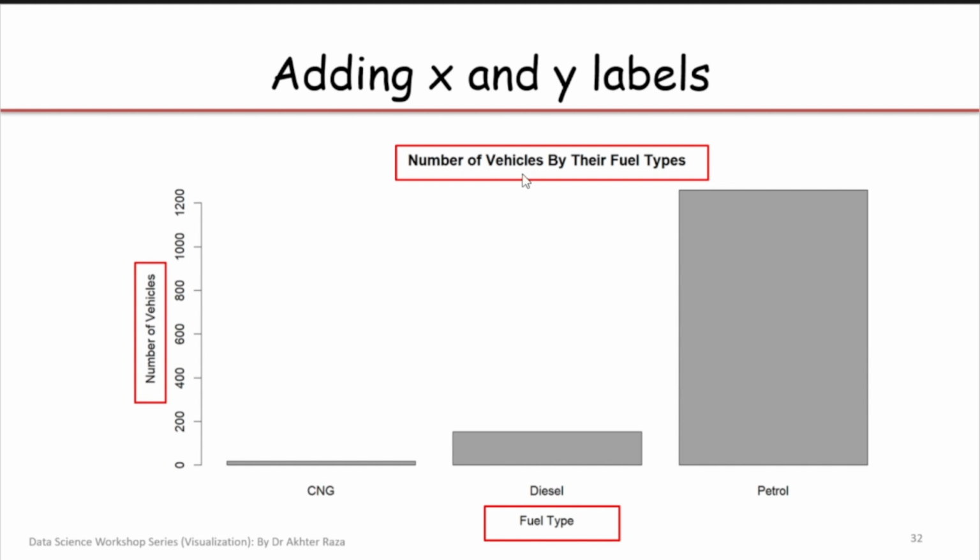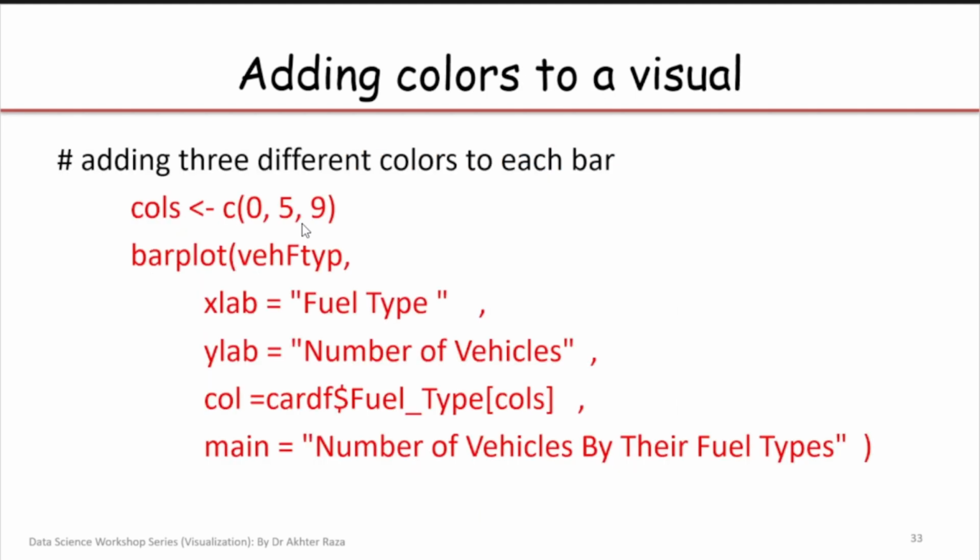You can include colors because we have 3 different fuel types. So we can introduce color options of 3 different colors for each element of this bar plot. I choose the 3 color codes 0, 5 and 9. How can we introduce the color? By the col function. Col means color: col equals color of cardf fuel type.